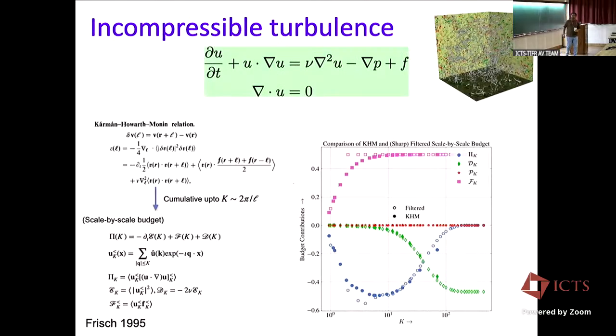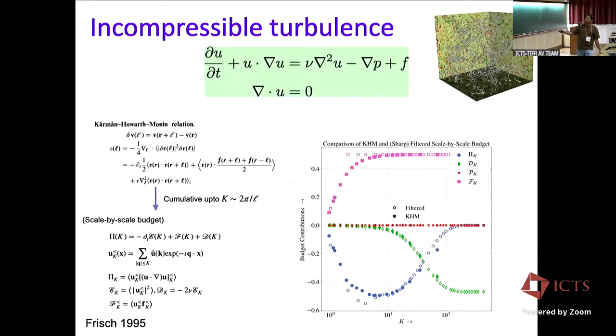How does this derivation proceed? In the incompressible flow, you are in good shape: density is constant, so the mass conservation drops out. You have just the equation for velocity, and del dot u is 0, right? Then what you do is define a velocity increment across a scale L and derive a relation for a 2-point correlator.